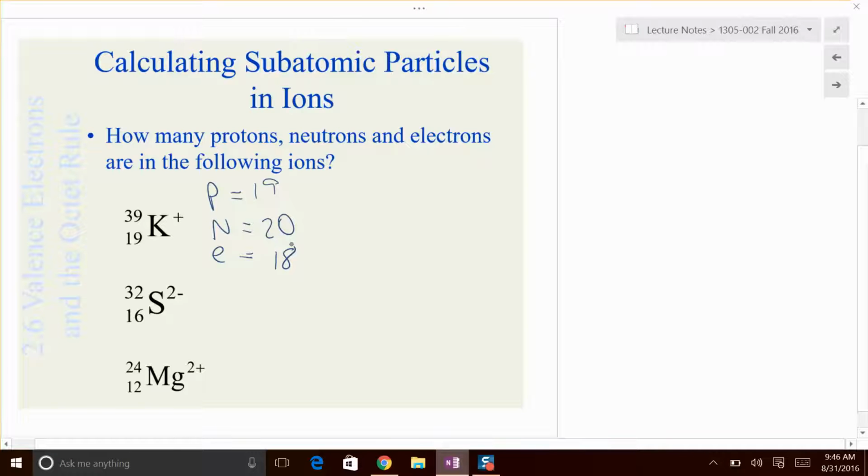Okay. For sulfur 2 minus, protons, neutrons, electrons. 16. 18. And 18. Gained 2 electrons, right? Good. Protons, neutrons, electrons for magnesium 2 plus. 12, 12, 10. Because I lost 2. Good. Excellent.